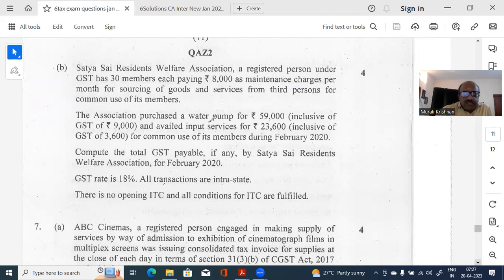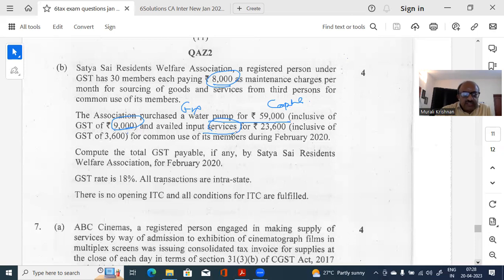The association purchased a water tank. So this is as far as output is concerned, output liability. Again, like the earlier one. And they have purchased a pump. So this is a capital expenditure. How much? 9,000. Availed input services. Don't get mixed up with these two. This is for fixed asset purchase. Input is 9,000.